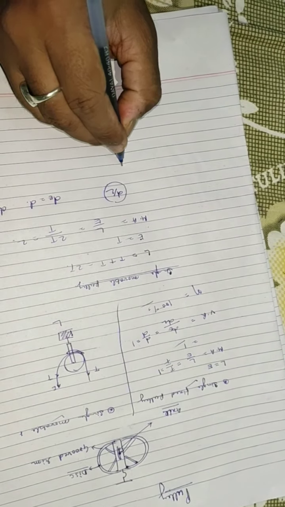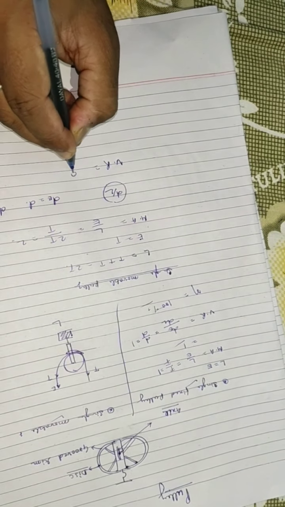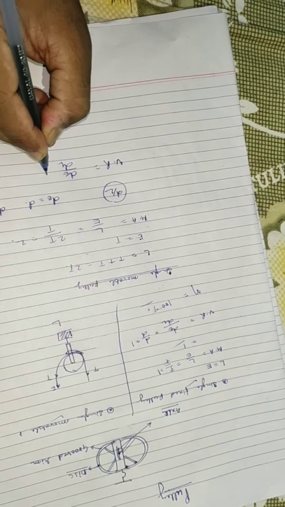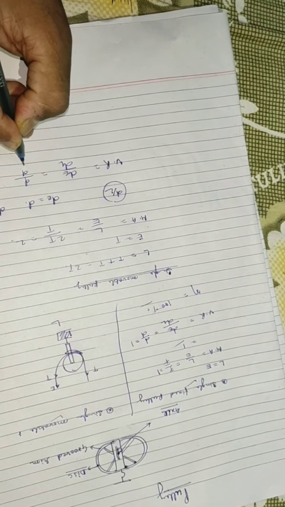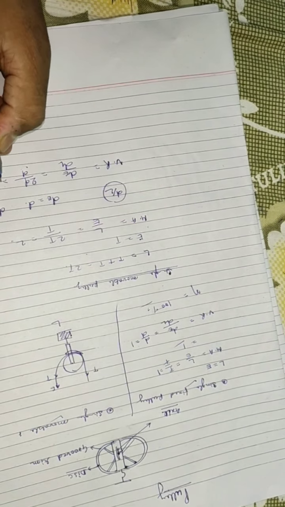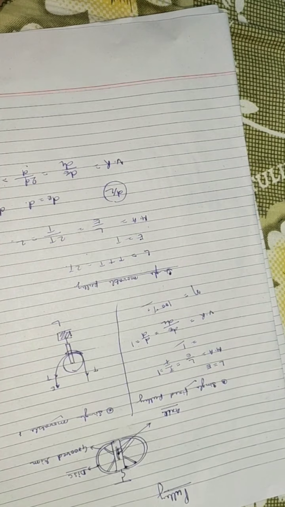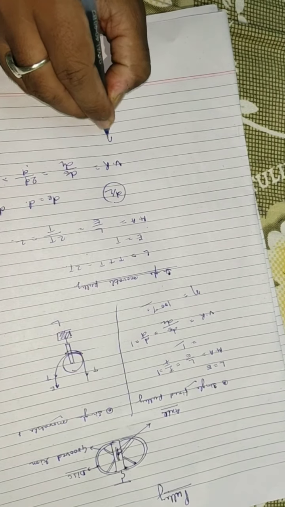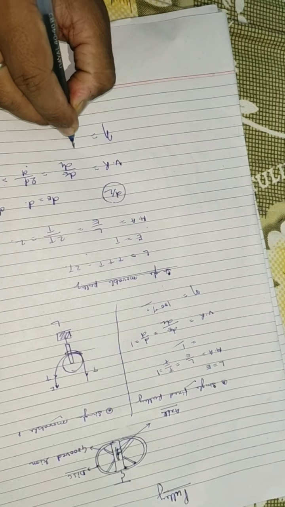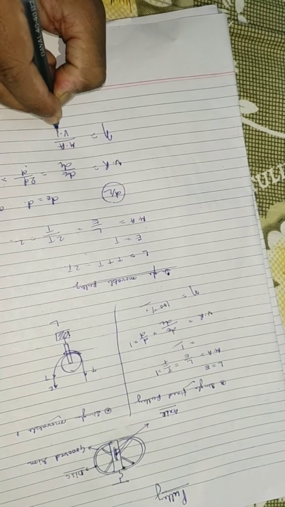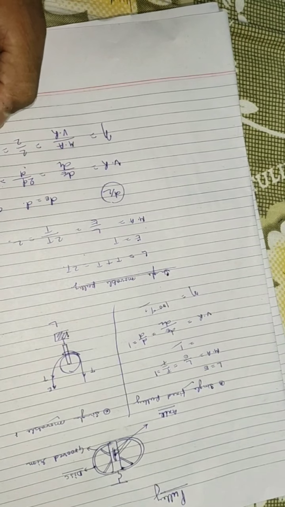And what is the velocity ratio? Velocity ratio is equal to dE by dL. When we put d by 2, this 2 will be here. This is your 2. Velocity ratio is also 2. Now, efficiency is MA by VR, 2 by 2. This is your 100%.